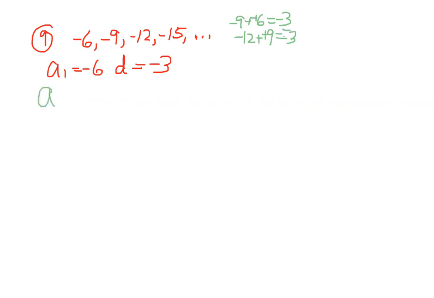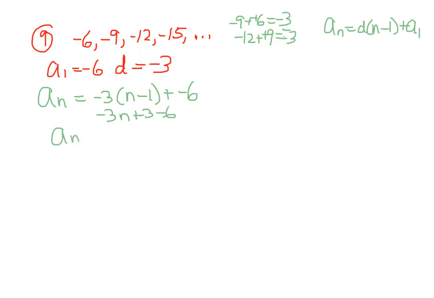So our rule, our formula, is going to be d times n minus 1 plus a1. And distribute this, and we get an is -3n minus 3. And it's asking us for a38. Aren't you glad you don't have to write them all out? You can just stick the 38 in there and you get -117.